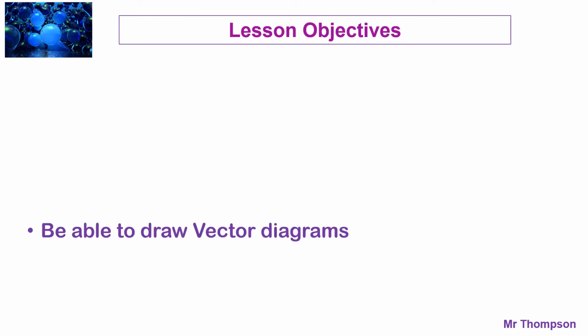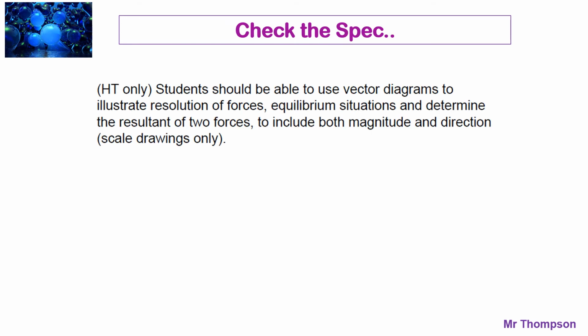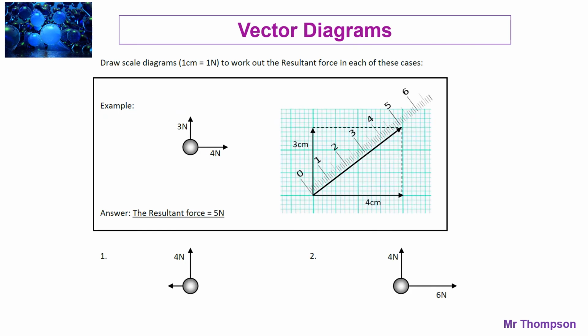Okay, drawing vector diagrams. You should be able to use vector diagrams to illustrate resolution of forces, equilibrium situations, and determine the resultant of two forces to include both magnitude and direction. To do this, here's the example. If you have a 3 Newton and a 4 Newton force, this is a free body diagram, then you could draw a scale diagram.